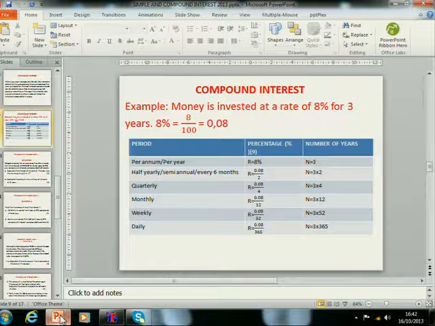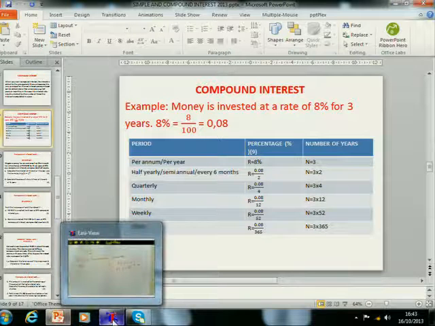Our 8% in our formula, which is P1 plus interest to the power of n. So what we do, we divide our interest by 4 because it's quarterly, and then we multiply our n by 4.